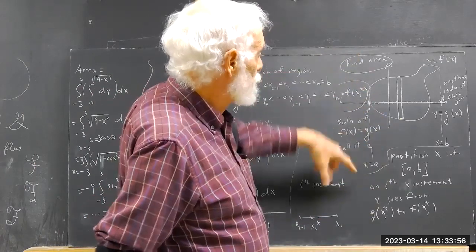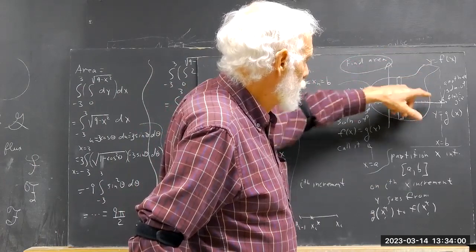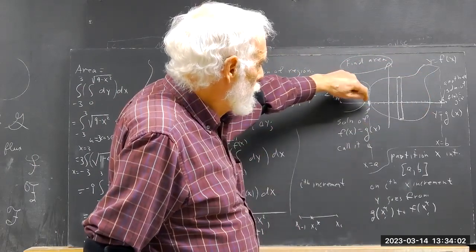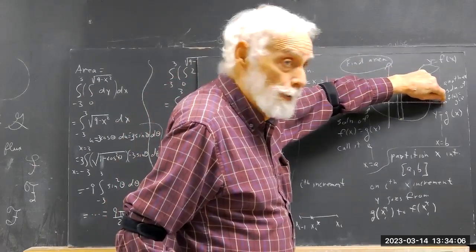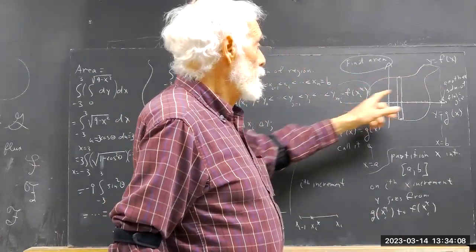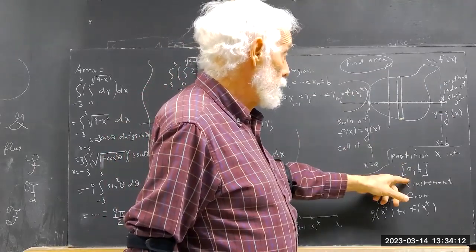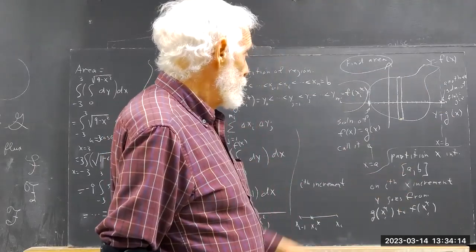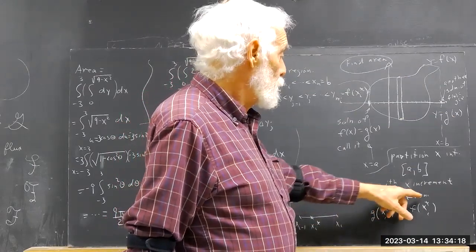Anyhow, we got two curves. The f of x curve is here and the g of x curve here. We go from one intersection of the curves to the other, and we want to integrate to find this area. So we partition the x interval from A to B. And on the ith x increment, put our limits on y.